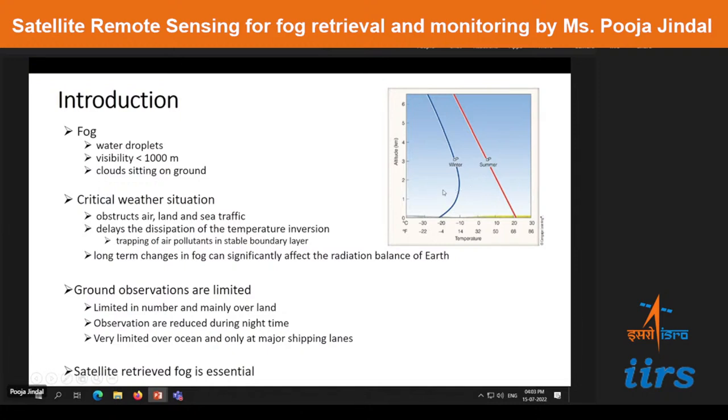Because from the fog top, there will be the reflectance of the solar energy. So solar energy will not be able to reach the surface of the earth and it won't be able to warm the earth's surface. Therefore, it delays the dissipation of the temperature inversion and hence it leads to the trapping of the air pollutant in the stable boundary layer.